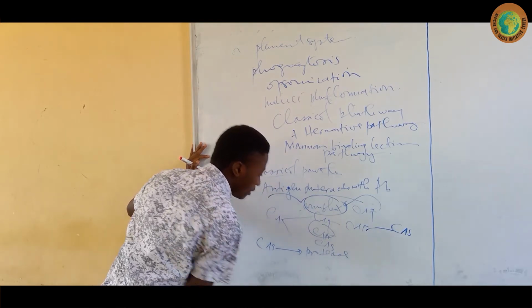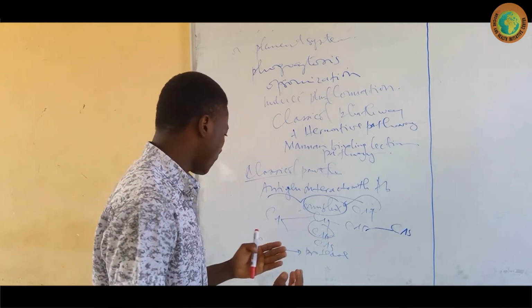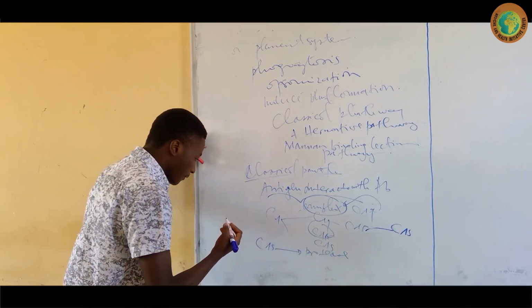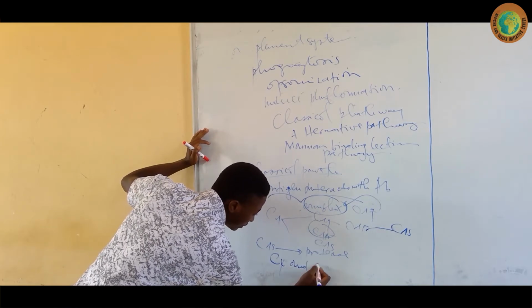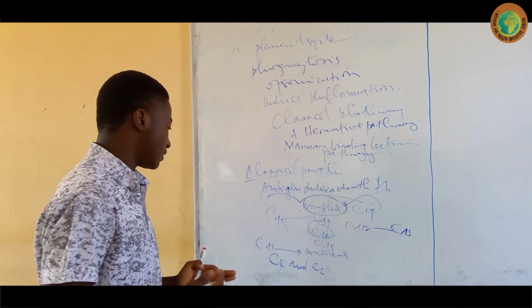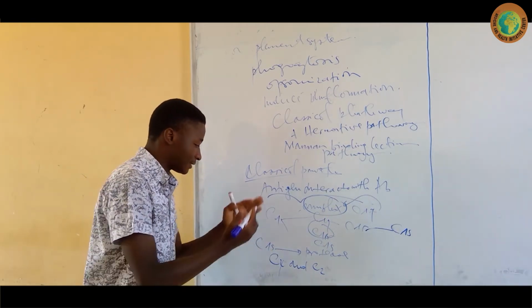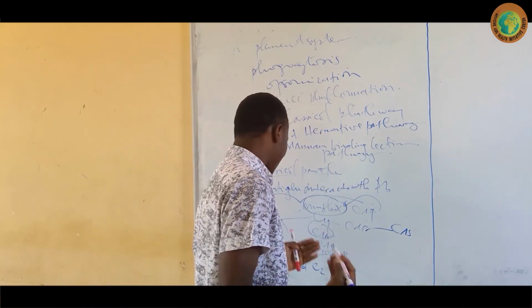It will cleave some complement within the body, including C4 and C2. This C stands for complement. It means that we have C4 and C2 complement. We are going to see how the mechanism progresses.